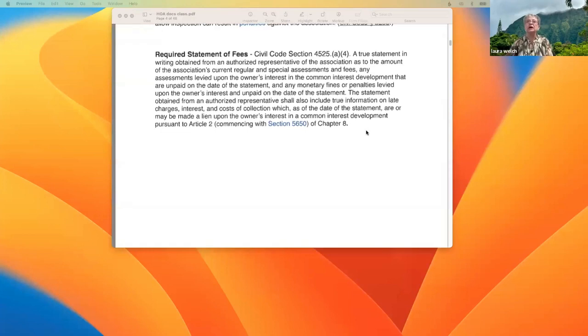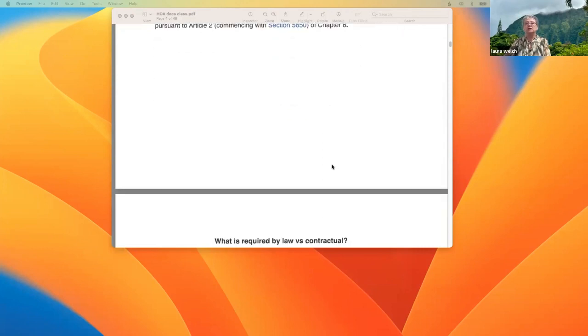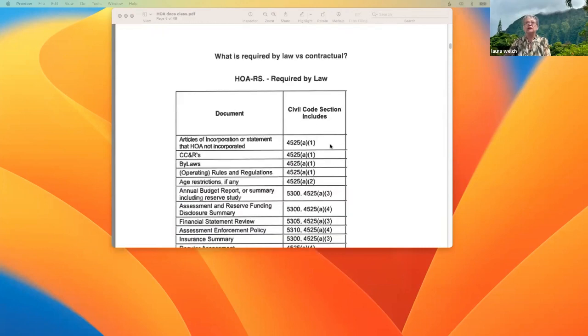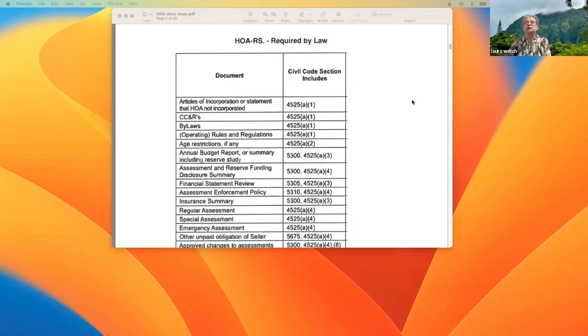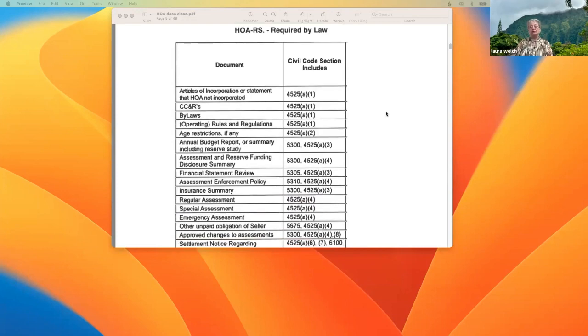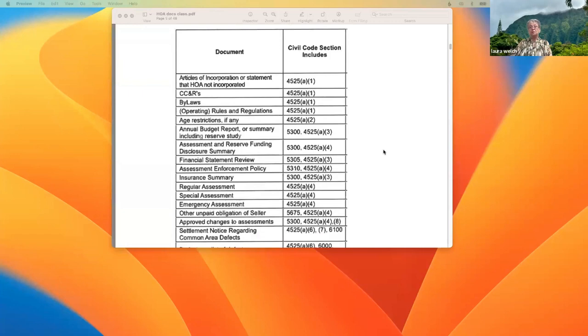So we need a statement. And how much are they charging the seller to create the documents? What is required by law versus contractually? If you look at the HOA-RS, these are the ones that are required by law. All of these documents.